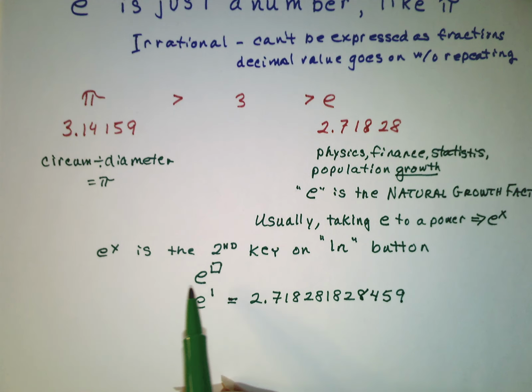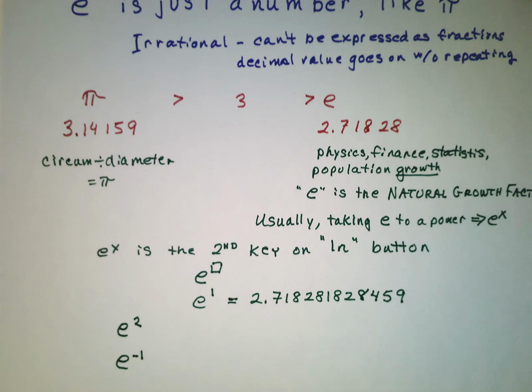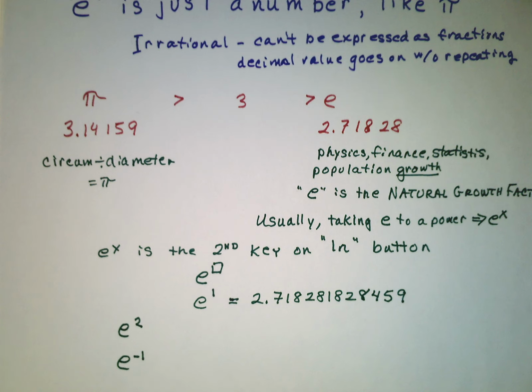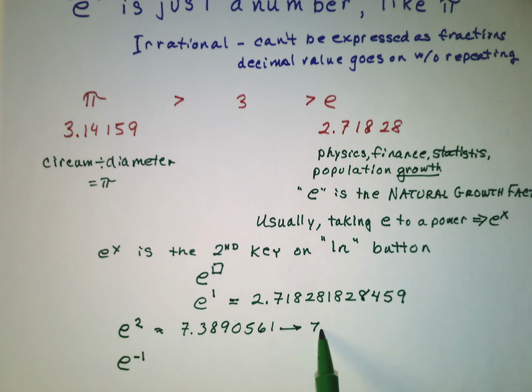Okay, if you found the e to the x key and got it to work for e to the first power, then take a moment now, please, and try e to the second power and e to the -1 power. Please take a moment. So my calculator gave me something like 7.3890561, which to the nearest thousandth, we could round off to approximately 7.389.